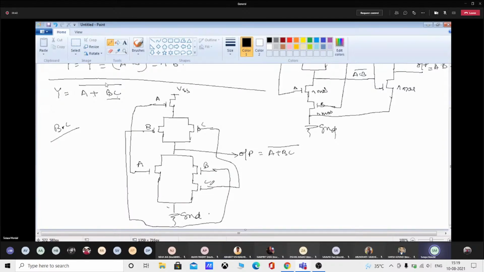This is a small circuit, so you can connect it, but when there are an enormous number of expressions, you just write B here and B here. I will understand that this is also B, both are connected. When you make a flow chart, suppose the page is finished, you write A and in the next page you write A again.